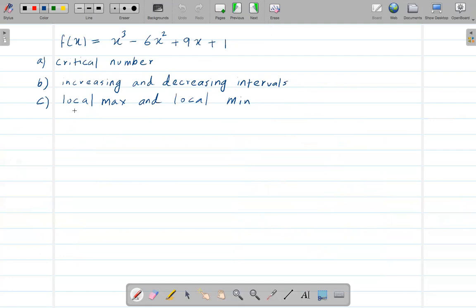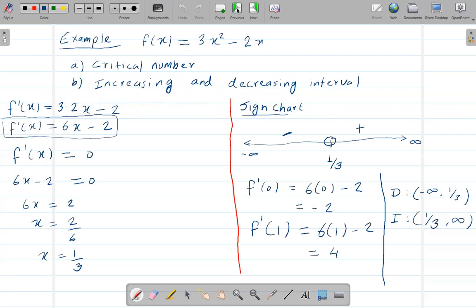Now let's find a local maximum and local minimum. What do local maximum and local minimum mean using the graph? Let's include one more example here and find its local maximum and local minimum as well. Since it is decreasing, the graph is going to be something like this.